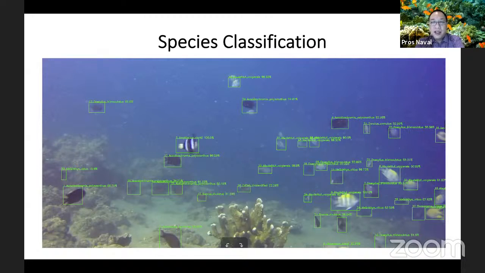So we have not visited enough sites, although we have visited more than 50 sites in the country. We need more data to be able to classify the remaining 2,500 species. However, it's just a matter of time before we can do it, since the algorithm learns from whatever data is ingested by the algorithm.